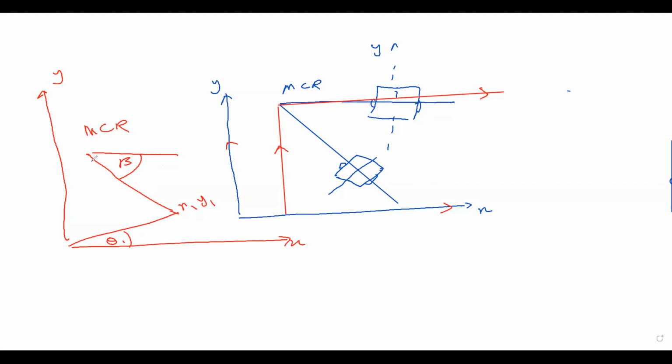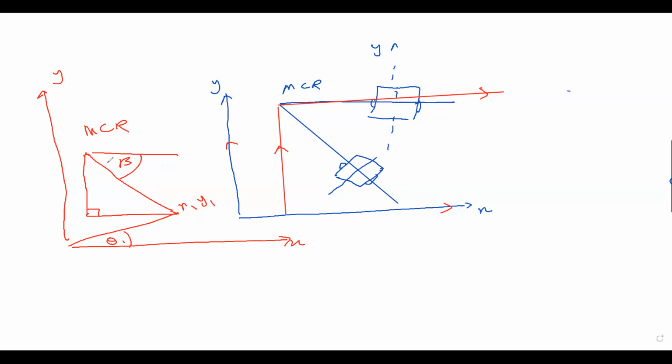Now I want to find this angle. There's a small angle here. This angle. If I construct a triangle here like this, by drawing a line here, I know this is 90. This is 90.